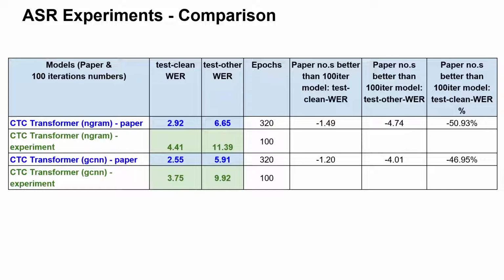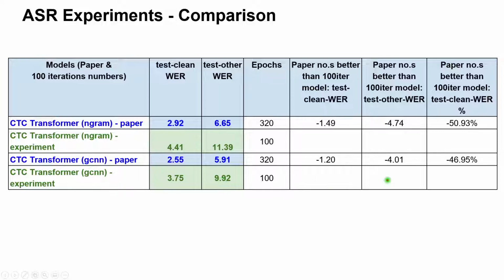It took more than 15 days or so. Similarly, for the CTC transformer with the gated CNN language model, again with 320 epochs, the paper presented test clean 2.55 and test other 5.91.